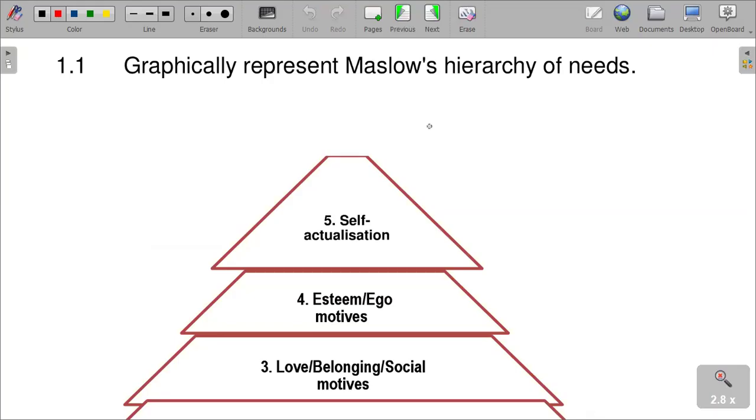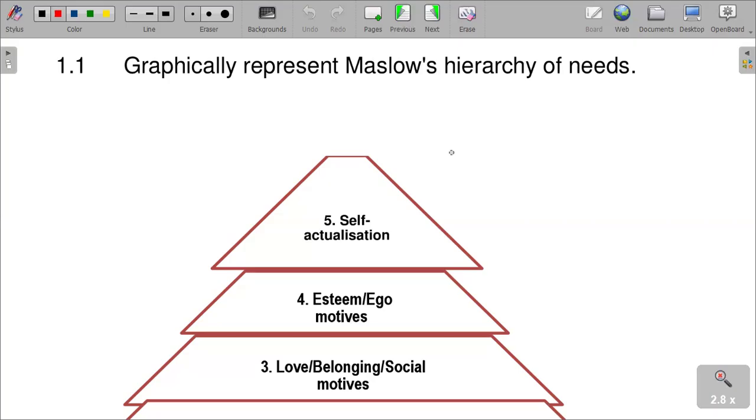The question says: graphically represent Maslow's hierarchy of needs. We are to remember and understand that we are under motivation, and that Maslow's hierarchy of needs is a motivational theory in psychology comprising a five-tier model of human needs that are often depicted as hierarchical levels within a pyramid.